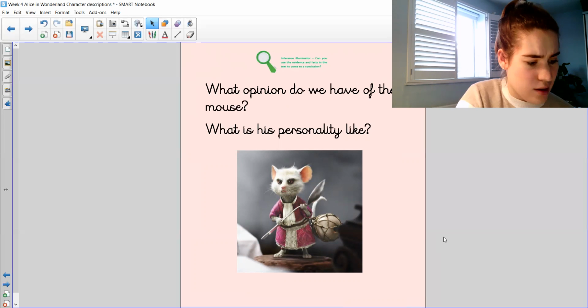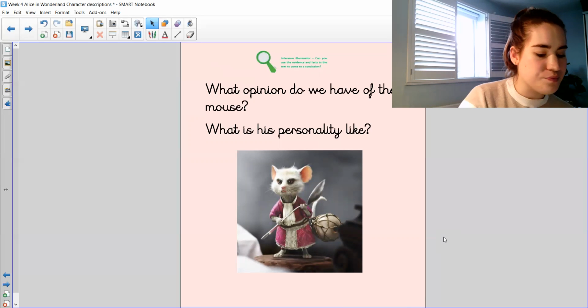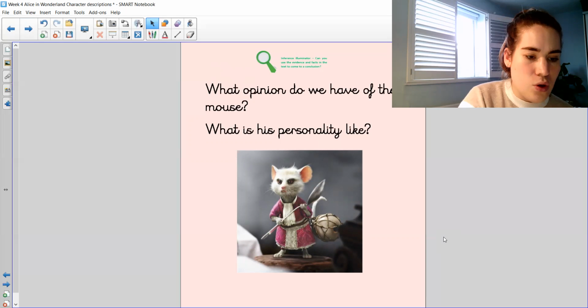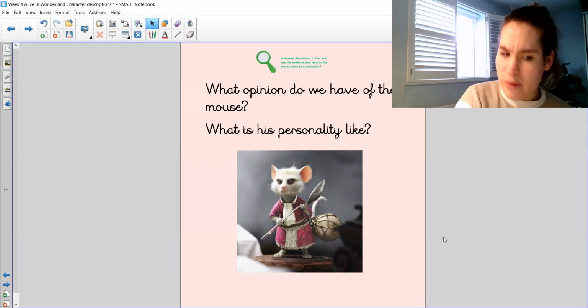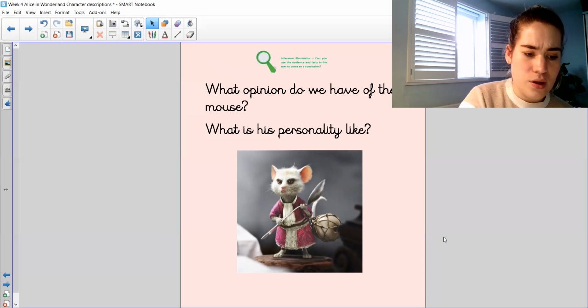When I find a thing," said the duck, "it's generally a frog or a worm. The question is, what did the Archbishop find?" The mouse did not notice the question, but hurriedly went on. "Found it advisable to go with Edgar Atheling to meet William and offer him the crown. William's conduct at first was moderate, but the insolence of the Normans. How are you getting on now, my dear?" it continued, turning to Alice as it spoke. "As wet as ever," said Alice in a melancholy tone. "It doesn't seem to dry me at all."